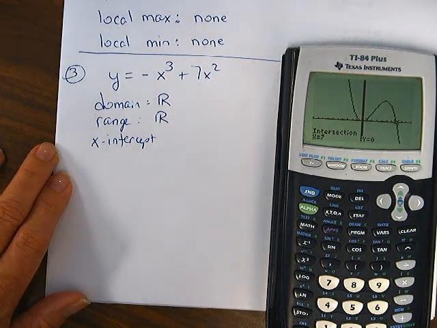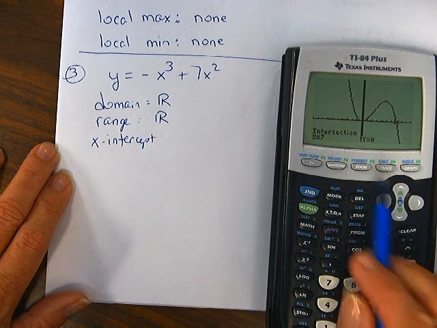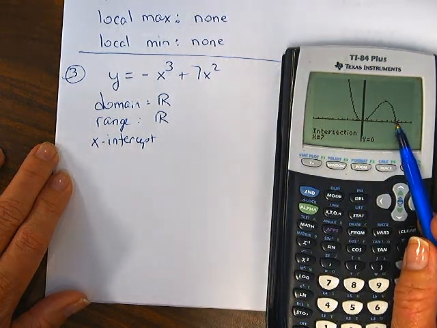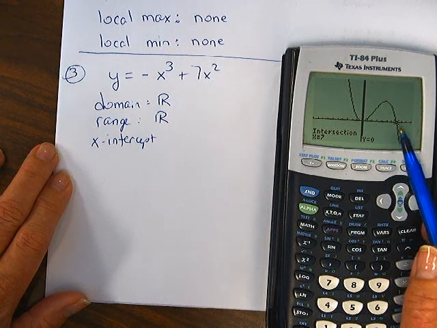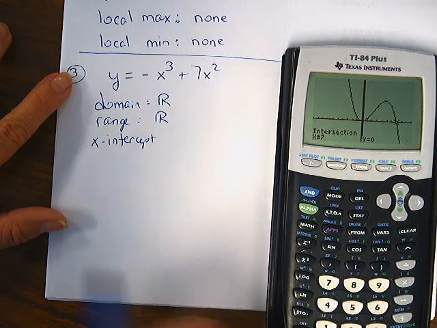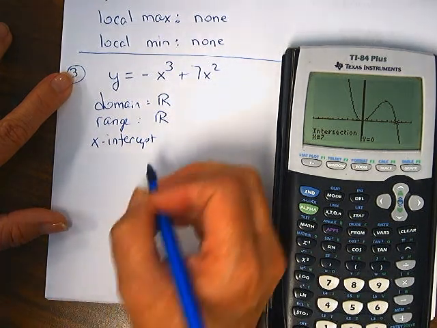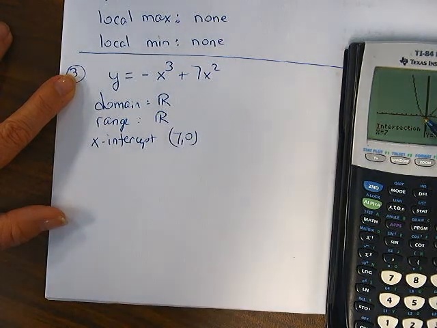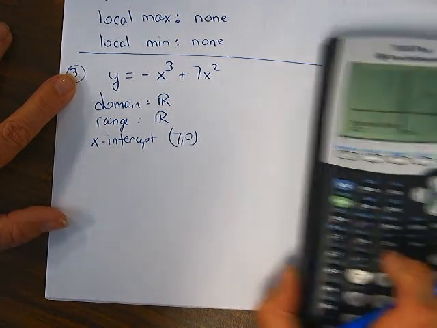And it says our intersection is at x equal to 7 and y equal to 0. Okay, so we have an intersection at 7, 0, but it didn't find this as an intersection at the origin.